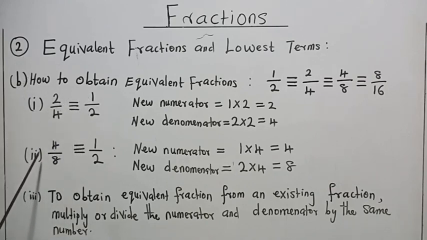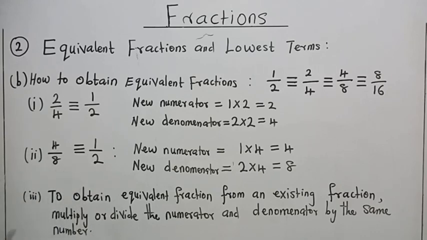The same thing applicable here. 4 over 8 is equivalent to 1 over 2. How did this 4 over 8 become 1 over 2? The same thing happened. When 4 divides 4, we have 1. When the same 4 divides 8, we have 2.